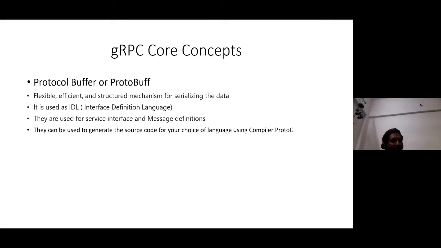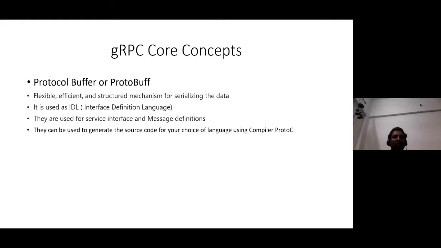What is IDL? It's a mechanism to let a program written in one language communicate with another language. Suppose my service is written in C#, then my clients could be in Android or Java, or it can be a Python client.